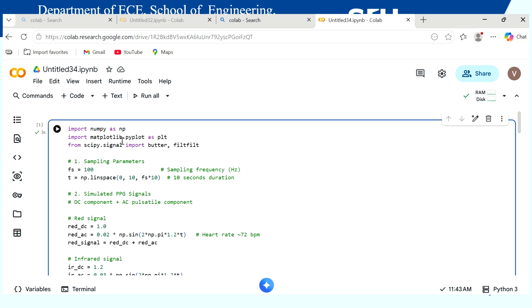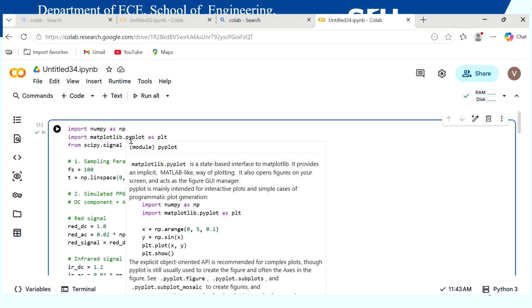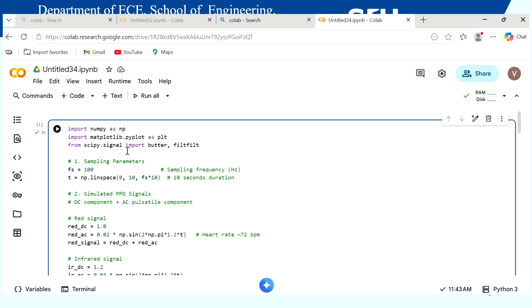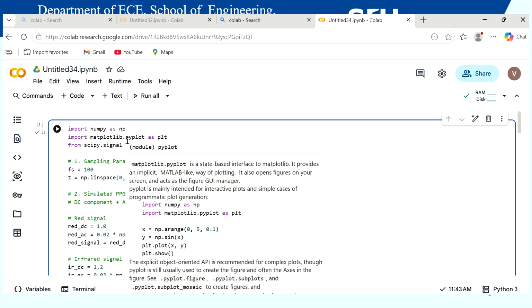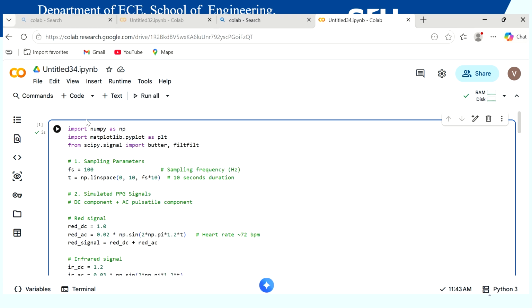From this pyplot module of the matplotlib library, functions are imported to give graphs like bar charts, histograms or simple graphs. And then from scipy.signal, the signal module of the scipy library, we import the functions butter and filter.